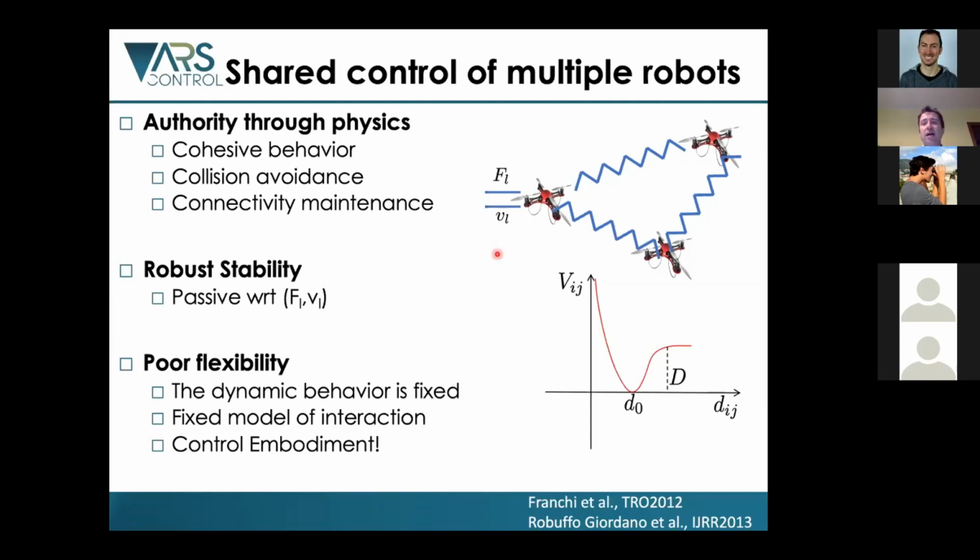Once I interconnect the two agents using a spring, that's the spring. The kind of dynamic behavior is determined by the spring. And therefore, I have a fixed model of interaction because, of course, the stiffness the agents are interconnected with determines the way the overall multi-robot system interacts with the environment.